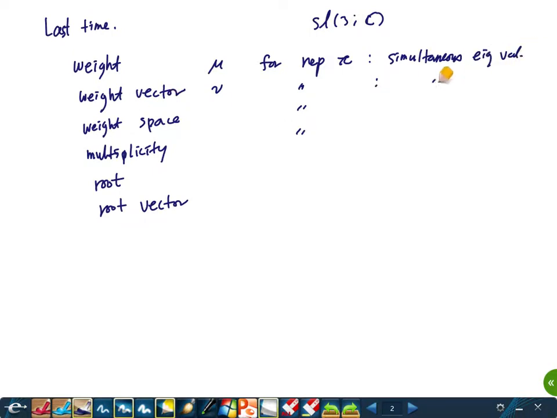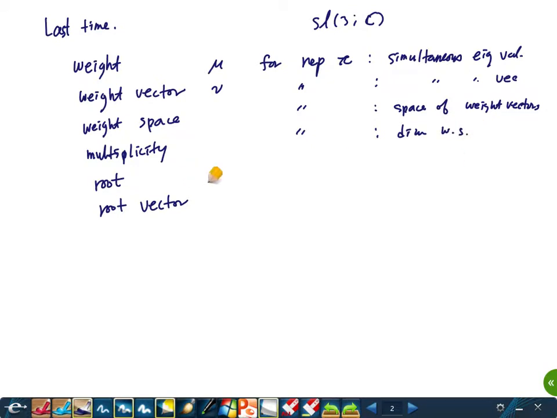Weight vector, simultaneous eigenvector, weight space, it's a kind of eigenspace, space of weight vectors. Multiplicity is the dimension of the weight space.